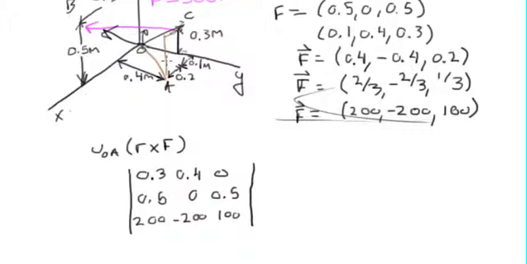So start out with your hinge, point from the hinge to the force vector, this row, and then finally you write the force vector right there. And take the determinant of that.